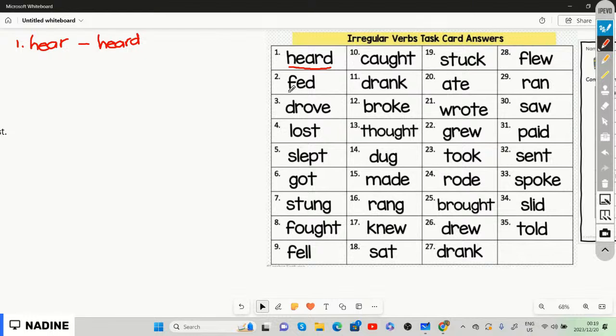If we look at number two, fed. So fed, right? Number two. Mom says that you need to feed the dogs, right?